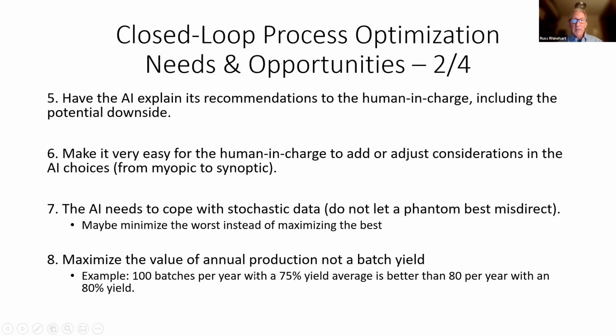The product here is 75. The product here is 64. So we would like to look at the annual production, not the batch yield. This is going to be available to all of the people that are looking at it.